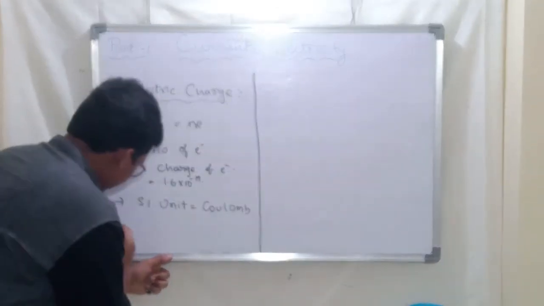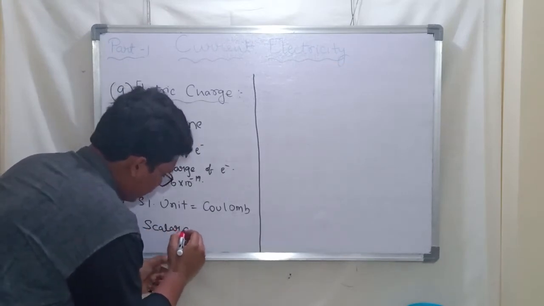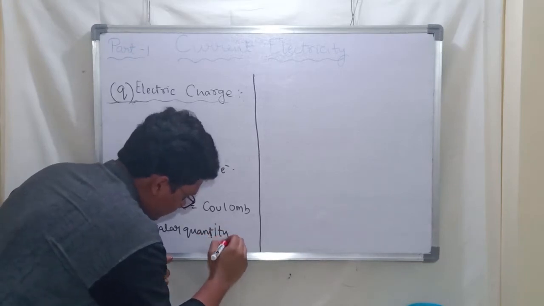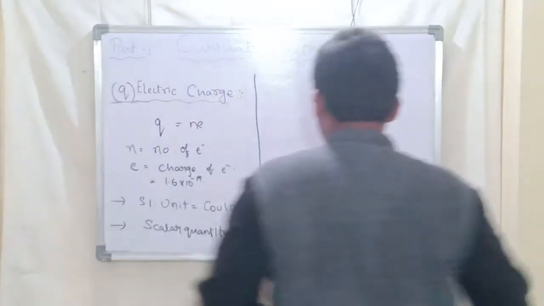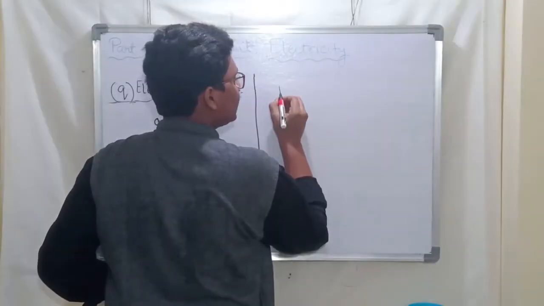And it's a scalar quantity. Okay, that's about electric charge. Just simple, that's it. And next, now electric current.